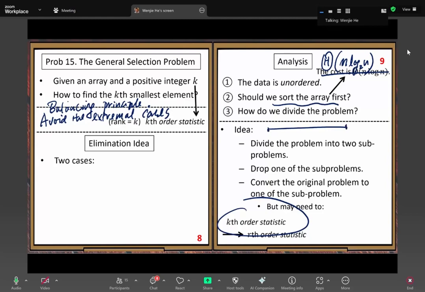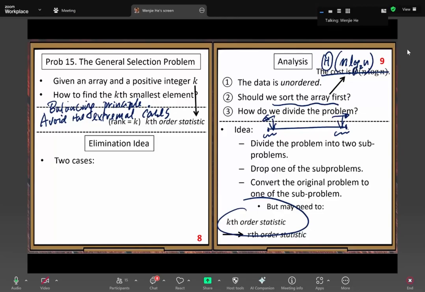When you do divide and conquer, if your split is very close to the left end or very close to the right end, that's the extremal case, because that's the most unbalanced division.